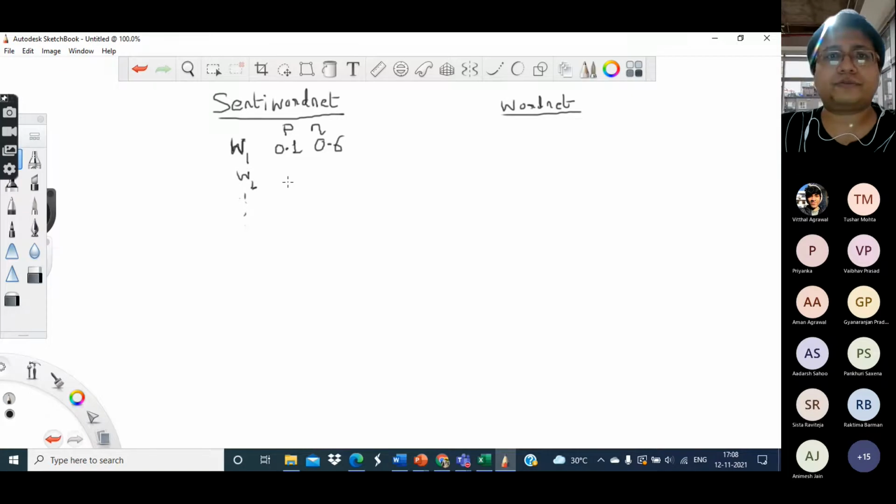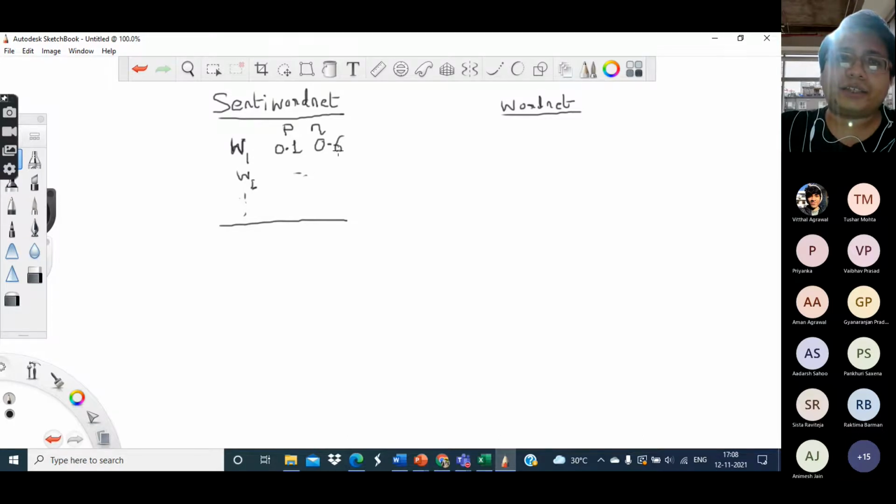So these kinds of scores are attached with all the different words. Now the thing is that these positive and negative sentiments are usually attached with only some words. We cannot really go about taking all the words in the dictionary and attaching positive and negative scores to them, nor will that have any particular meaning.